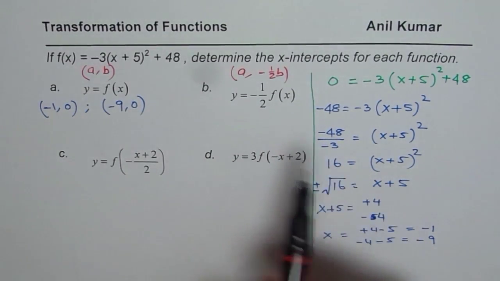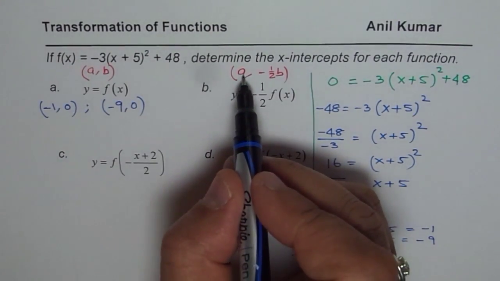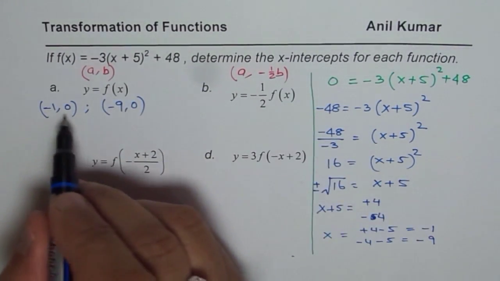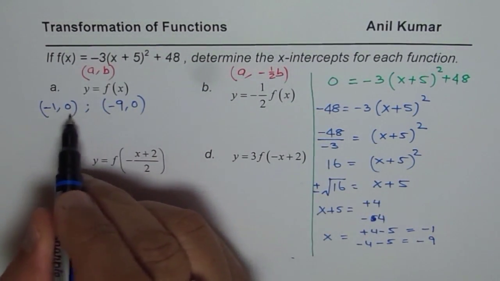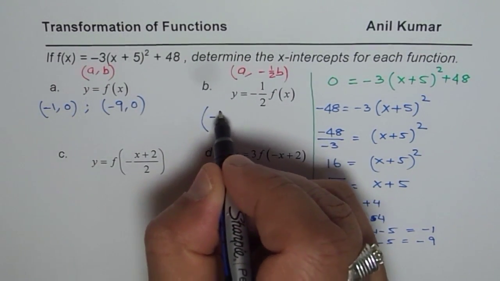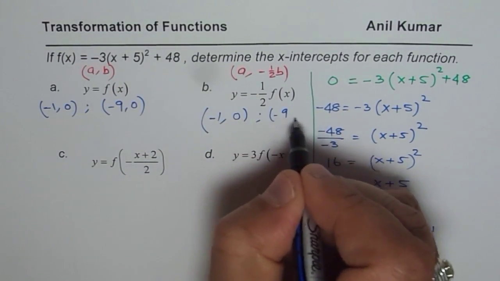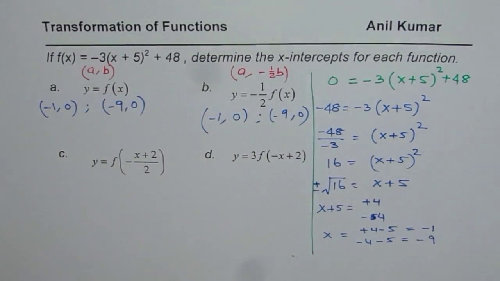So let's find the new coordinate points for these x-intercepts. If I multiply the y values, which are 0, by minus half, they remain 0, correct? Therefore, my x-intercepts here will still be at minus 1 and at minus 9. You get this idea, right? So that is how it is going to be for part B.